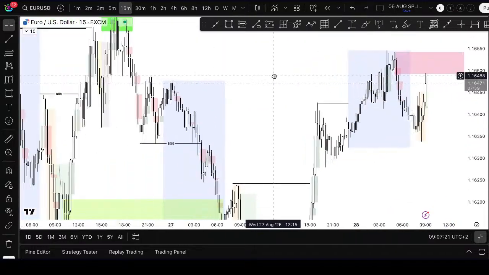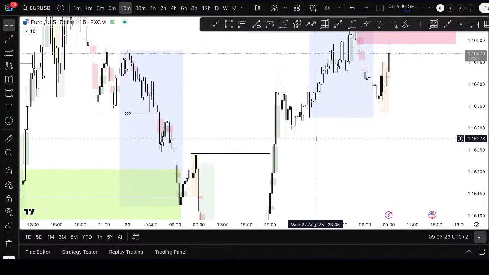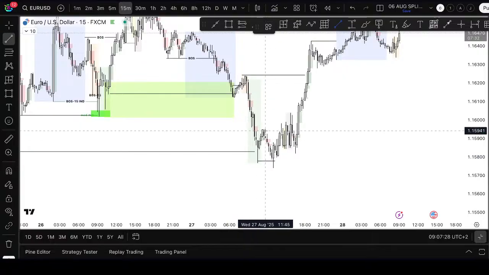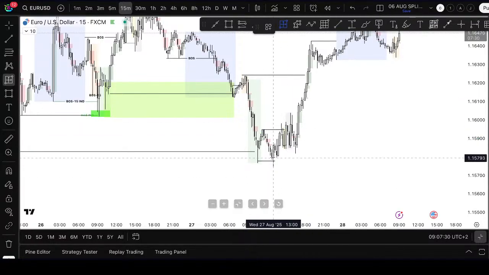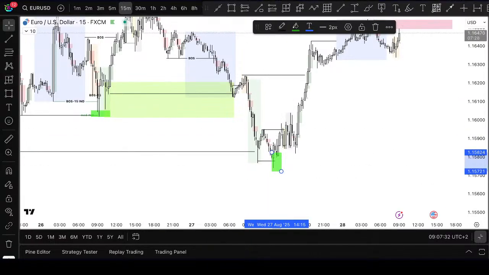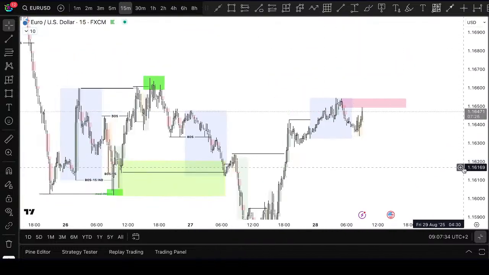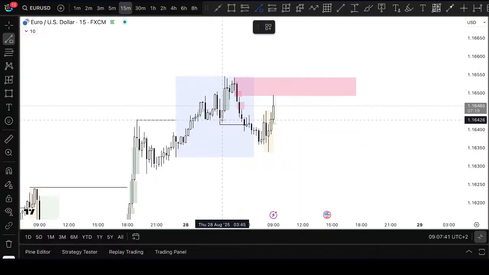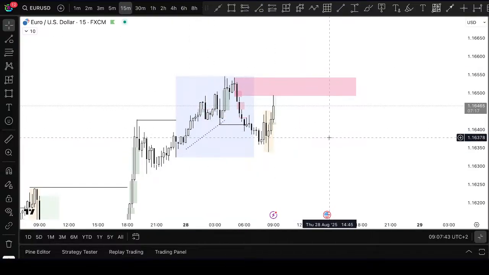Let's see in 15 minutes where the inducement has happened. Here we have the inducement, which created a great break of structure. So we can say that this is a good place. Then it came up and took all this liquidity. This inducement has happened and took this liquidity.